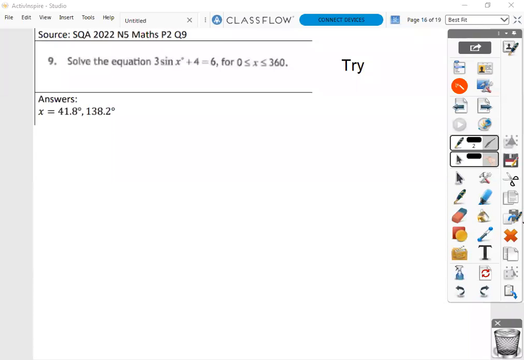All right, I'll just quickly blitz through that. 3 sin x plus 4 equals 6. 6 minus 4 is 2.